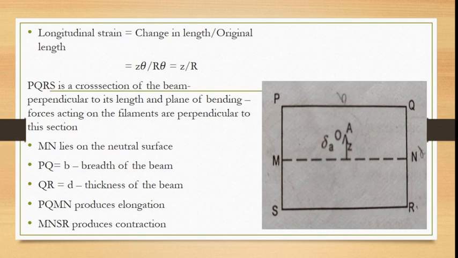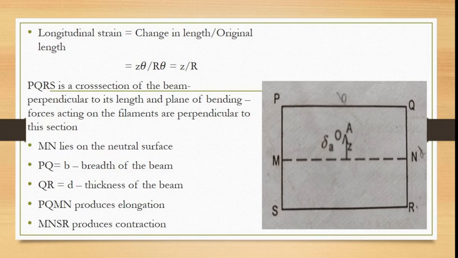And we are taking a point A, which is at a distance Z from the neutral surface. You can see it in the picture. We are considering a point capital A, which is at a distance Z from the neutral surface.